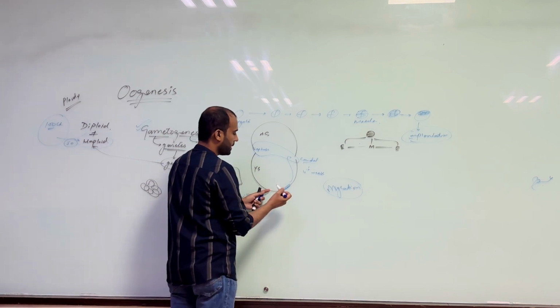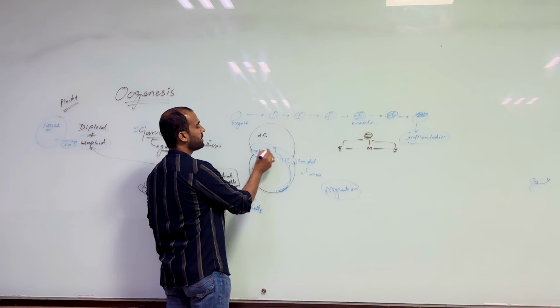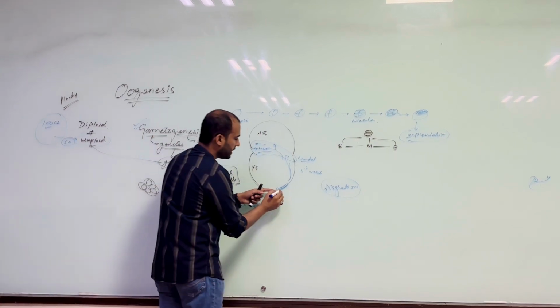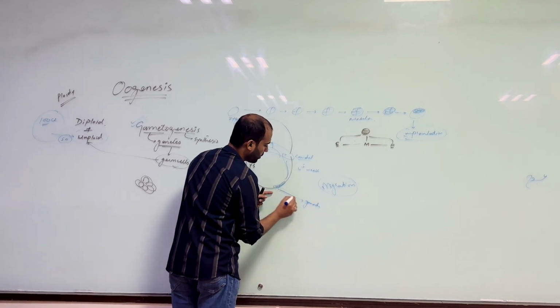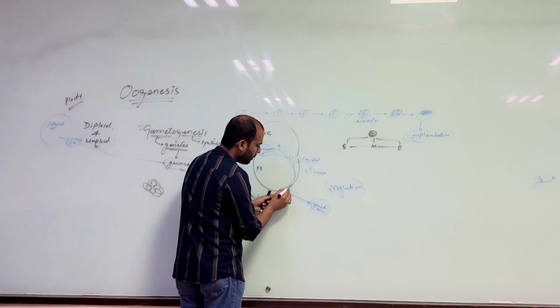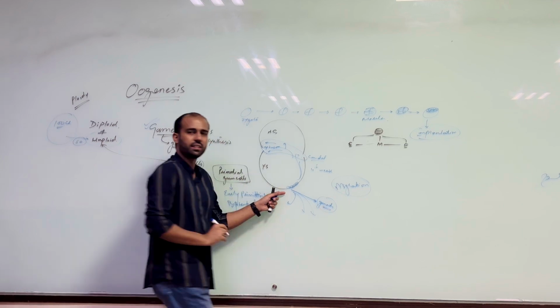What happens is that during the migration, these cells might be deposited somewhere else that is not their place. This cell has to go to the gonads, like you are supposed to go home after your institution. But some of these cells might be deposited somewhere other than the gonads.